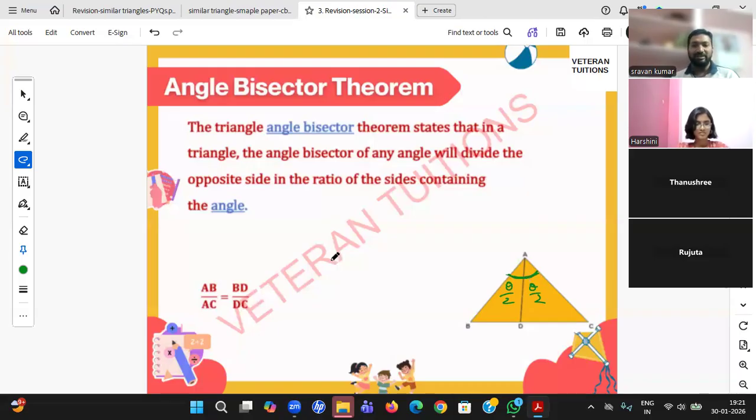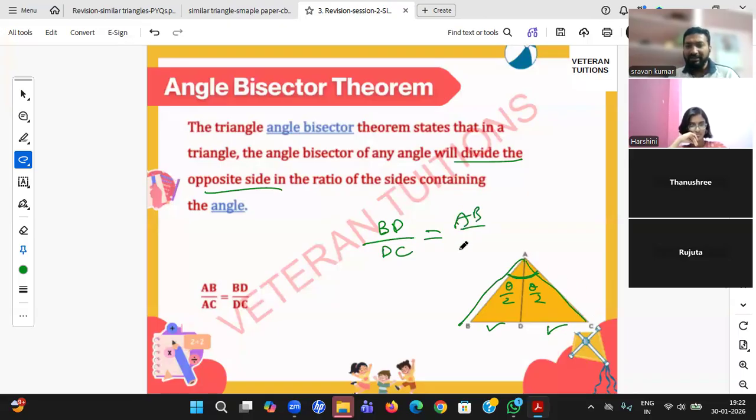Bisected means equally divided. Then it will divide the opposite side in the ratio of the sides containing the angle. What is the opposite side? BD and DC. It will divide the opposite side BD by DC such that it equals the ratio of the sides containing the angle. What are the angle containing sides? This one, AB by AC.